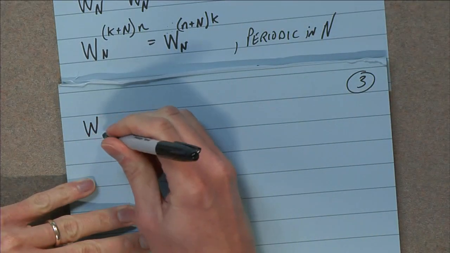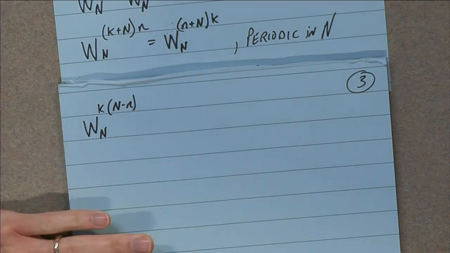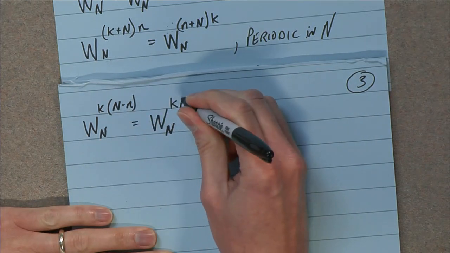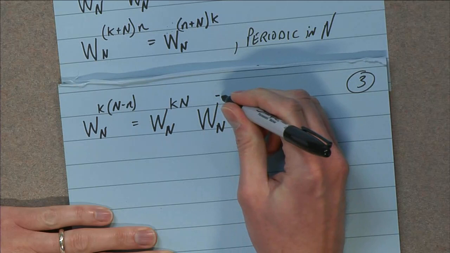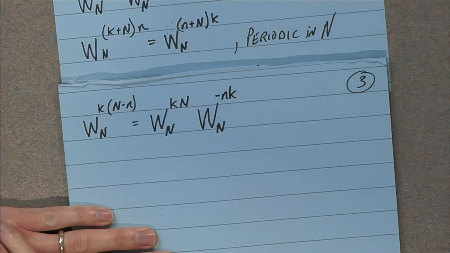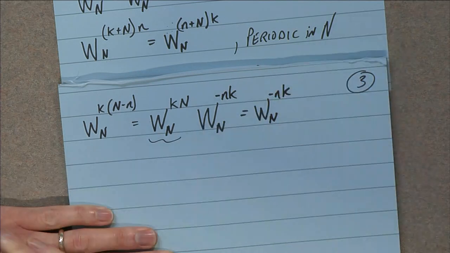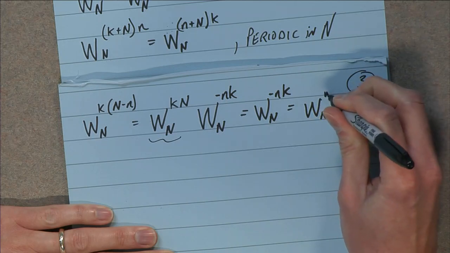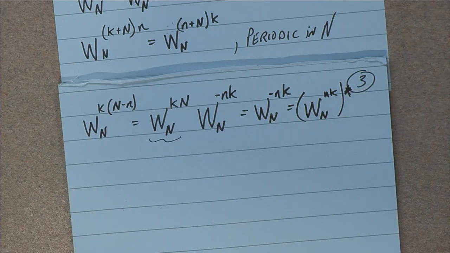So if we were to do that, let's take k to the capital N minus n. Then factor this out, and we get W_N to the kN, which we already know what that is, times W_N to the k times minus n, which is minus nk. We already know this is just a complicated way to write 1. So we end up with W_N to the minus nk, which we can also write as the entire thing conjugated. Why is it equal to 1?